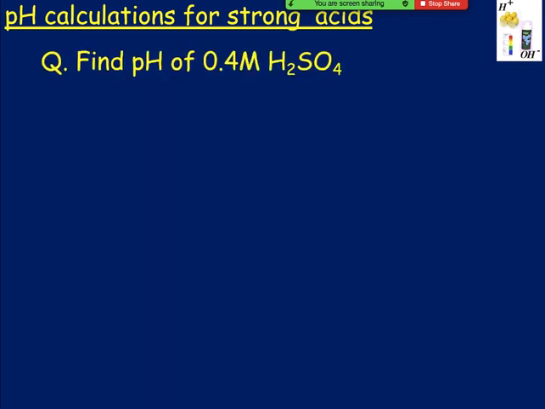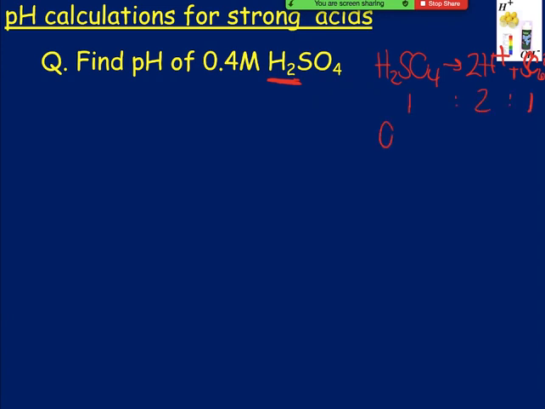Okay, do we get an answer for this one? 0.1. So straight away, if I'm going to spread this out, H2SO4 is the same as saying 2H+ and SO4 2-. The ratio is 1 to 2 to 1.